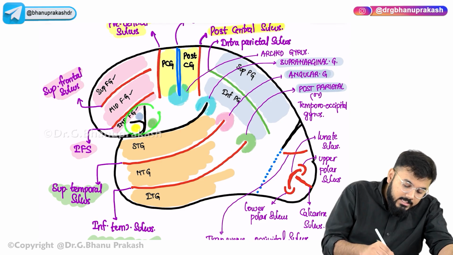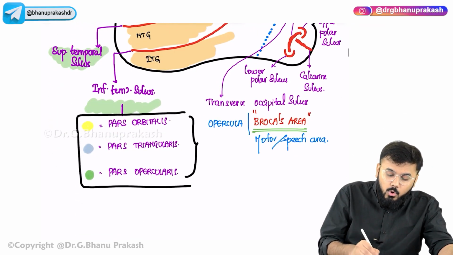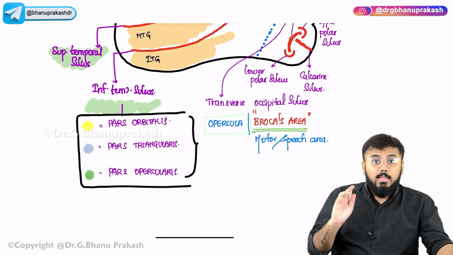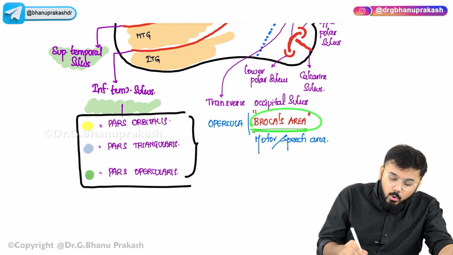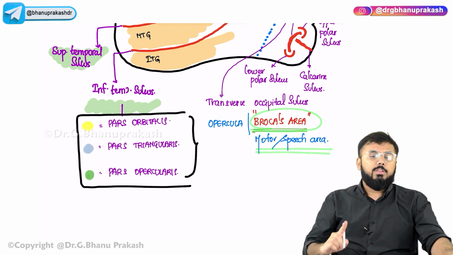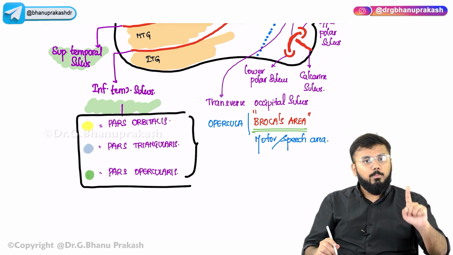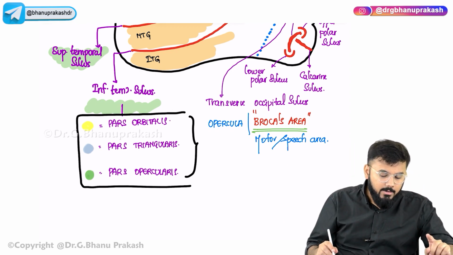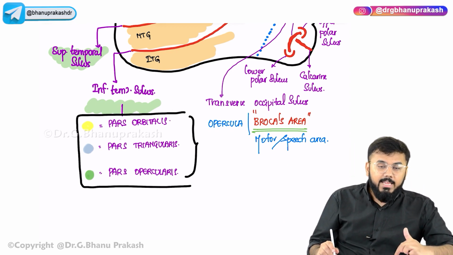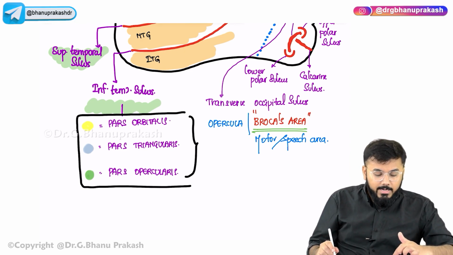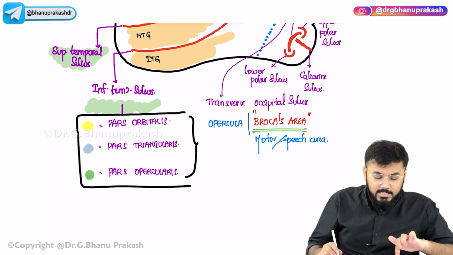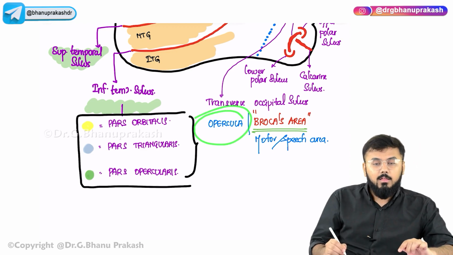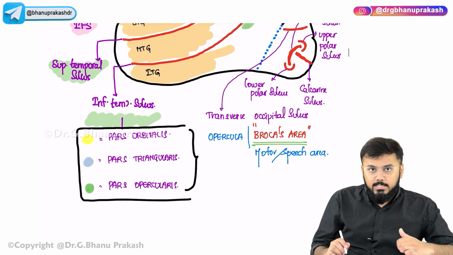Now all these three gyri together you call the opercula. The other name for this opercula is Broca's area, which is the motor speech area. All of you know now where your Broca's area is located, right? So orbitalis, triangularis and opercularis, three of them together you call the opercula, which is also called your Broca's area.